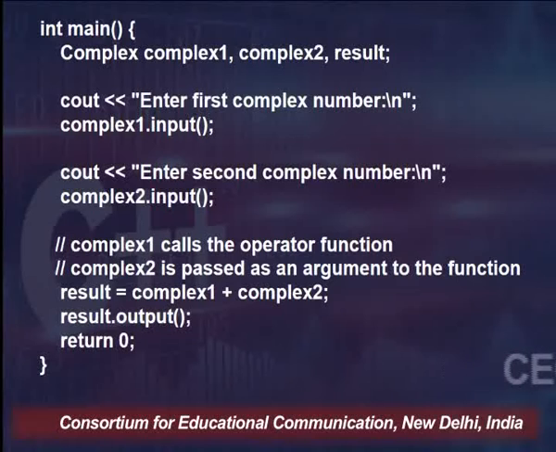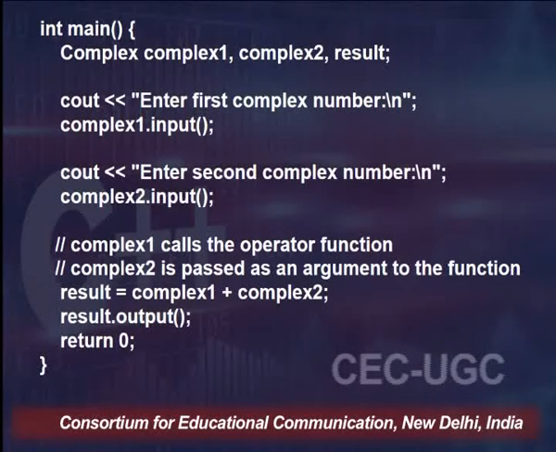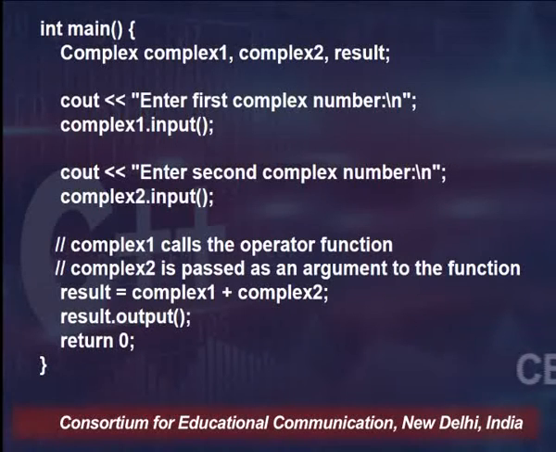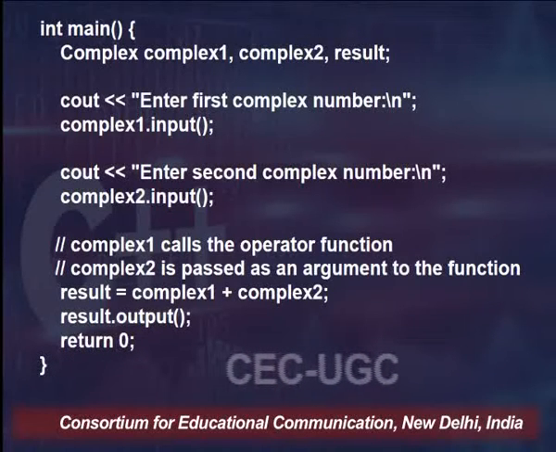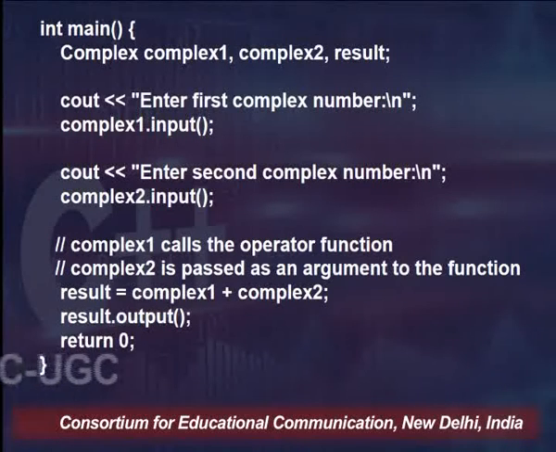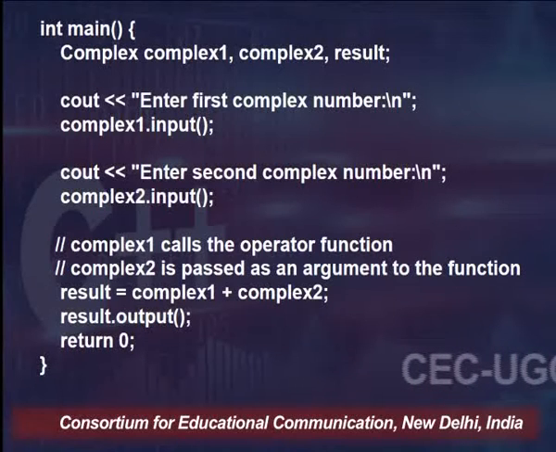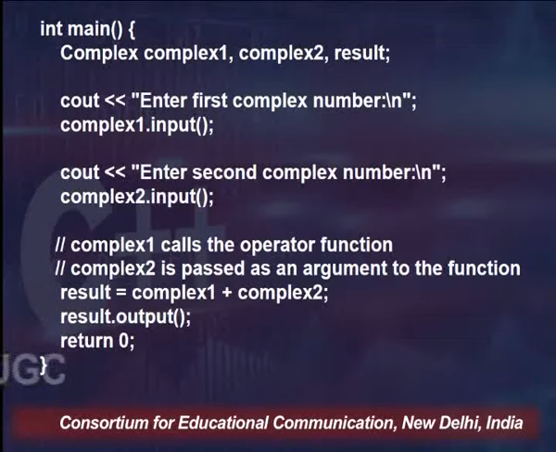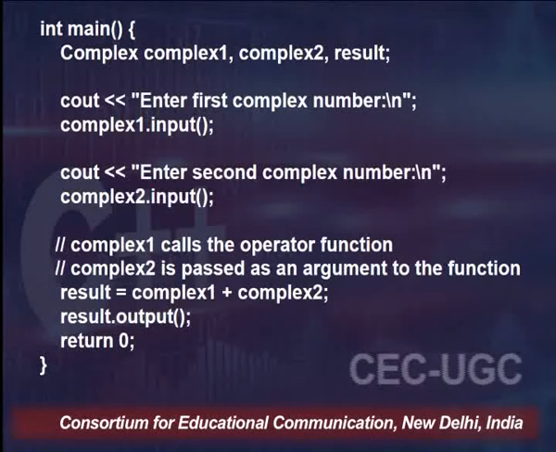Now I am sure that you are able to relate the statement result is equal to complex1 plus complex2 with the two statements, temp.real is equal to real plus obj.real and temp.imaginary is equal to imaginary plus obj.imaginary. But please remember, here it is just one statement, and as my overloaded operator is not for simple data types, it is for complex data types or user defined data types. So the user defined data type here is an object of the class complex.